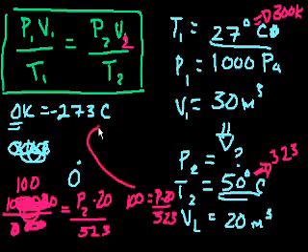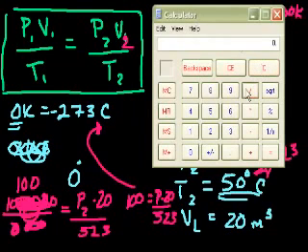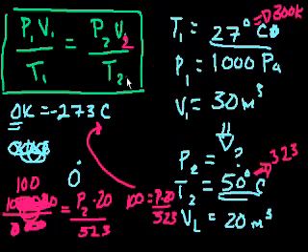I'm running out of time. If I were to just solve for it, 323 times 100 divided by 20, my new pressure is 1615 pascals. I just solved this equation, and the hard part was converting to Kelvin. See you in the next video.